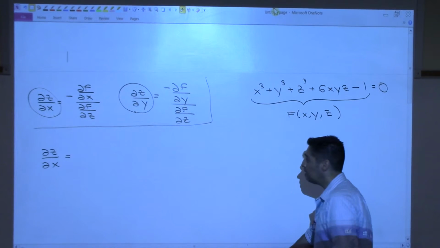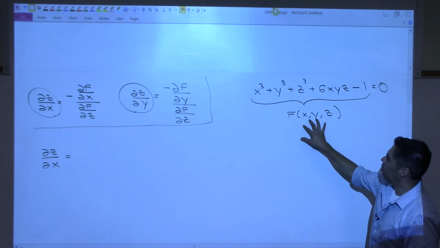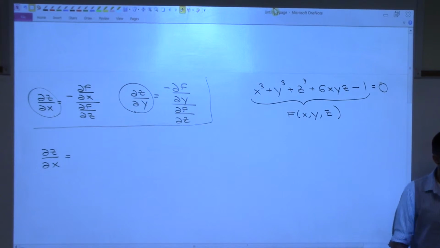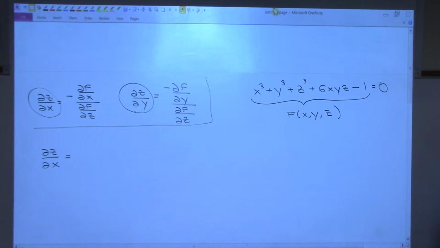According to our formula, it's the partial of this f with respect to x, which means what? Partial of this with respect to x. That means we're treating x like the variable, y and z as if they're constants.